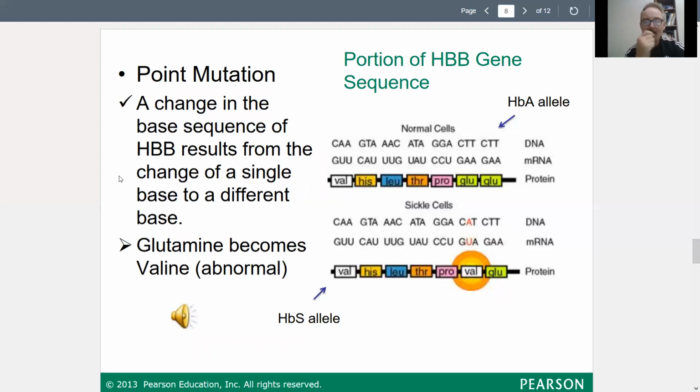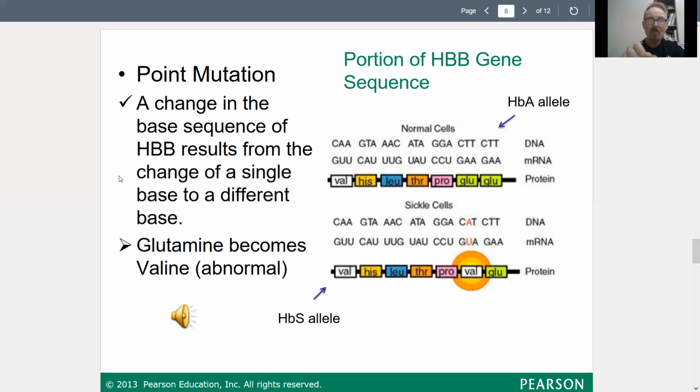What can happen is that CTT has experienced a point mutation, and it's changed that T to an A. So when you change the T to an A, it changes the amino acid from glutamine to valine. Now that is going to have a dramatic effect on that protein when it actually goes through transcription and translation.